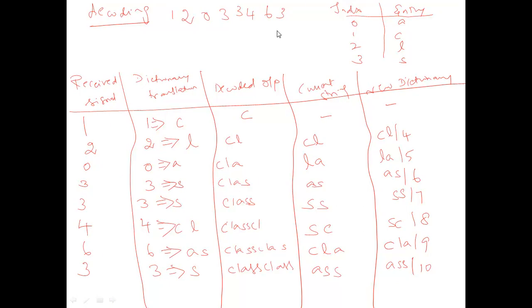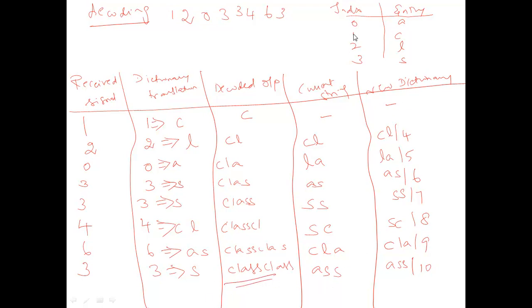This is the signal we are receiving on the receiver side. It starts with the initial dictionary 0, 1, 2, 3 only, but after receiving every signal, the receiver also updates the dictionary. Finally, the decoded output is CLASSCLASS, which is the transmitted signal.